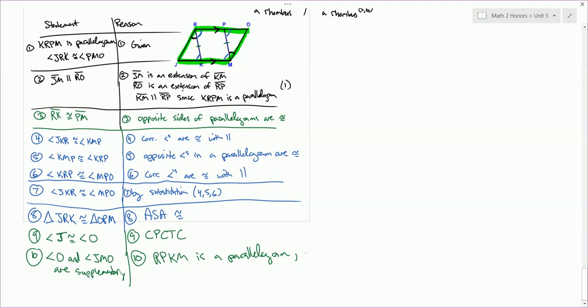So JM is parallel to RO, and same side interior angles are supplementary.